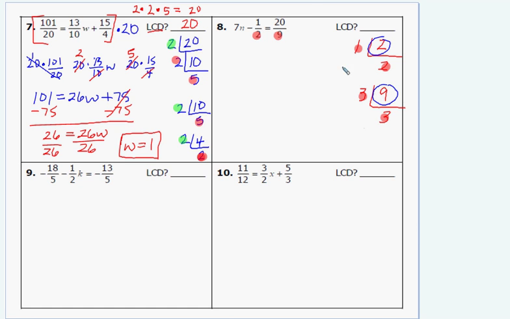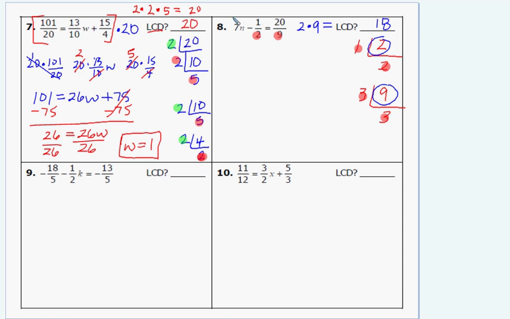So really, for this problem, we are just taking 2 times 9 to get the LCD. And this gives us 18. This doesn't always work out, but if you use this method throughout these problems, you should always end up with some denominator that's going to help you cancel, even if it isn't the lowest one.